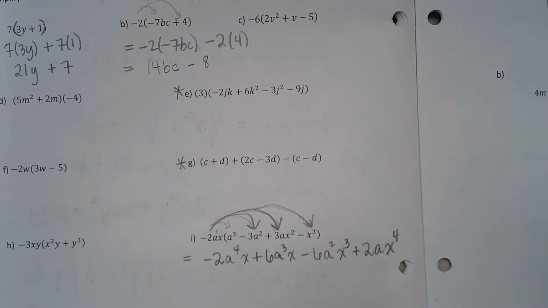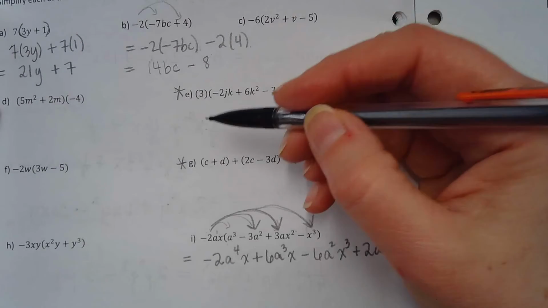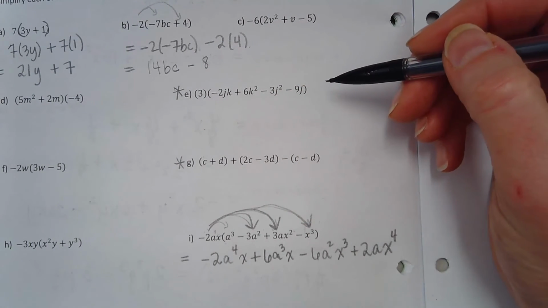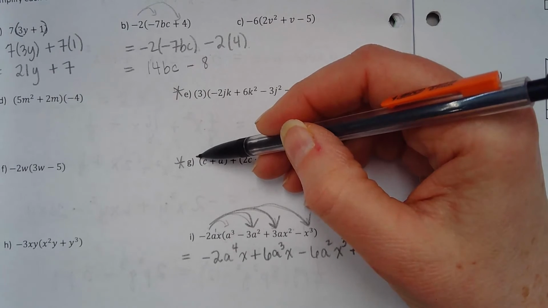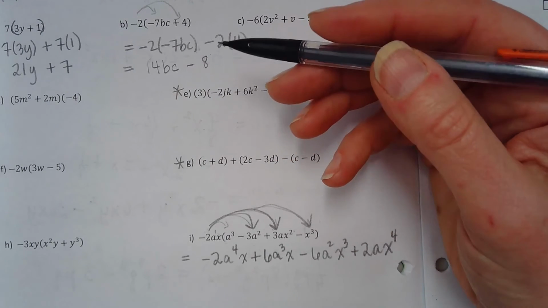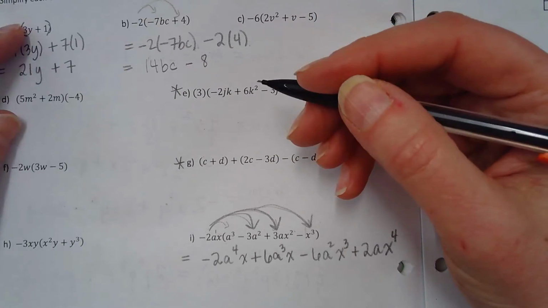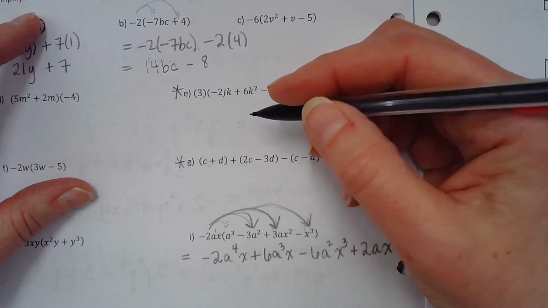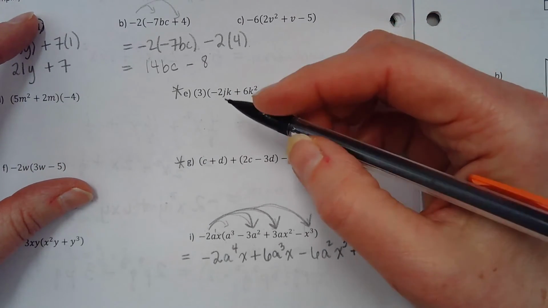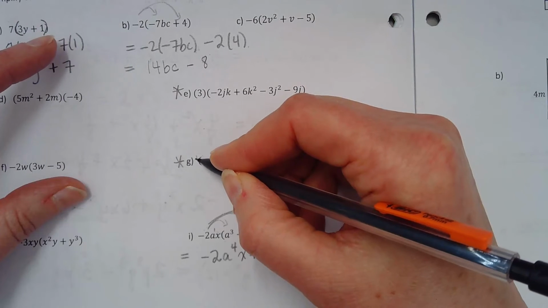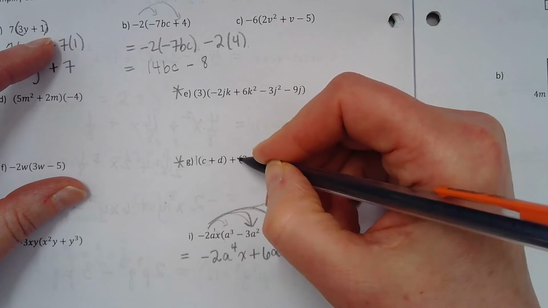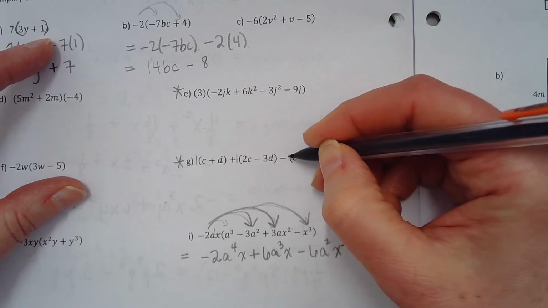I think it is. So let's take a look at G. So I have brackets which indicate multiplication, but if I look outside the brackets, there's no number. So if the number is invisible, it just means what, Jordy? If I don't see a number, it's just 1, right? So there would be a 1 here, and a 1 here, and a 1 here.